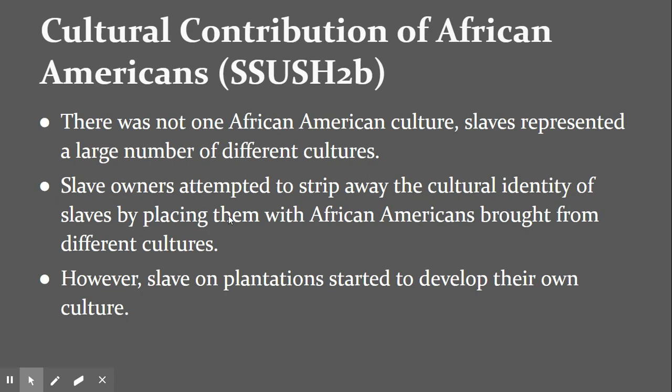Okay, so there was not one African American culture. Slaves represented a large number of different cultures. Slave owners attempted to strip away cultural identity by making the slaves work with African Americans brought from different cultures. They would take this group of slaves and make them work with a different group of slaves who came from different tribes, different places in Africa.